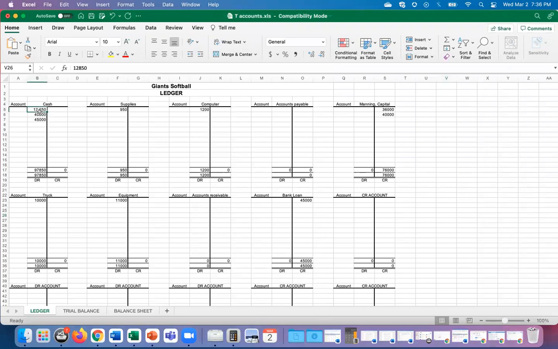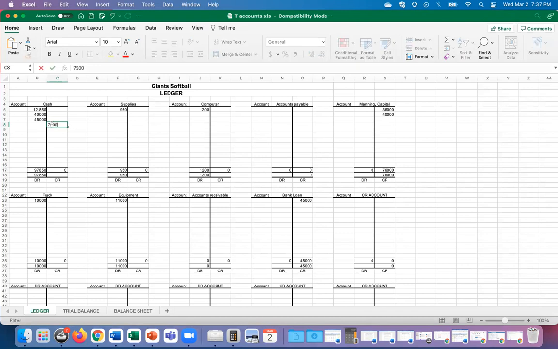And so far, we've just been adding money to it here in the debit column. But this one is money leaving the business or leaving our cash account. So instead of a debit, this one is going to be a credit. Okay, so anytime that you take away from an asset account or you decrease an asset account, it's a credit. So that's why we're doing it in this case.